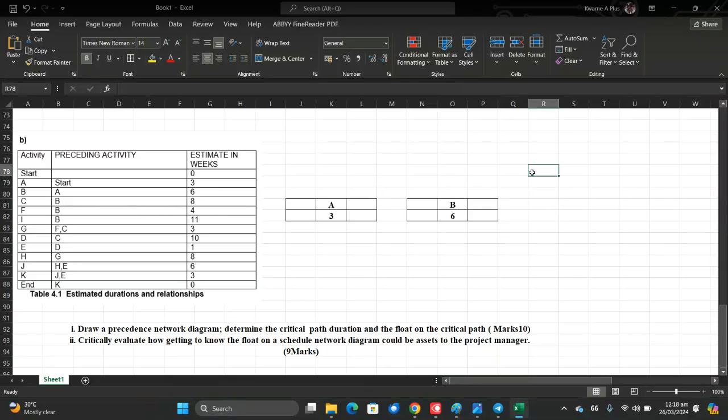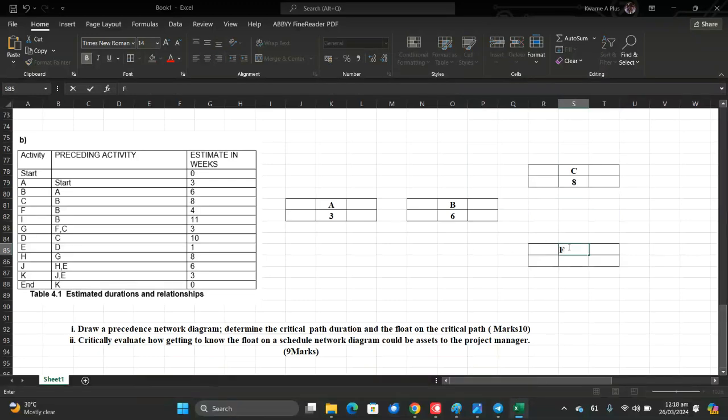C and F. Before I come for the arrows, let me just draw the boxes. This is C. C is 8, F is 4.